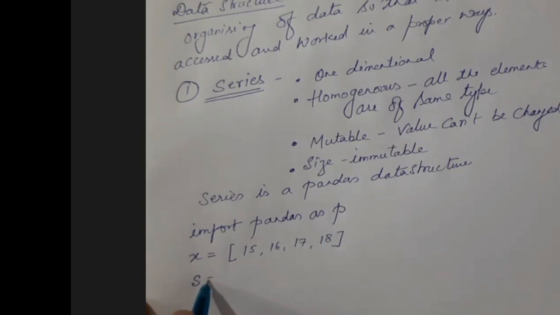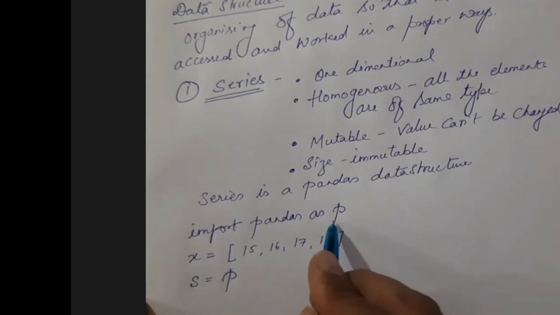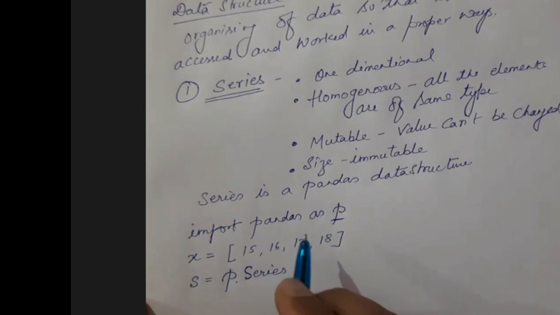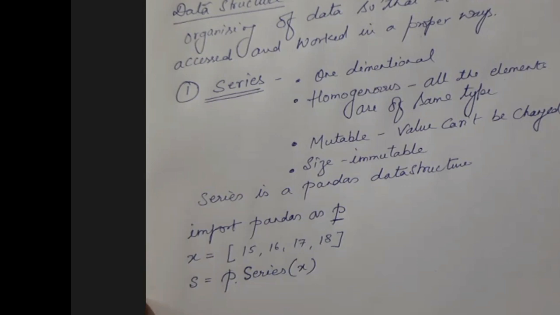Say variable s equals p dot Series. p is a pandas object. We need p dot Series. Series should start with capital S. Remember this. S should be capital. Series, and then we'll mention x. Now this particular line will create the series, and if you want to see the result, you can write print s.